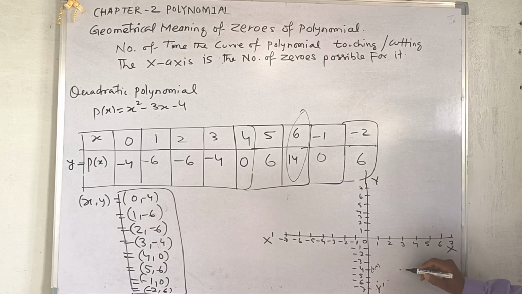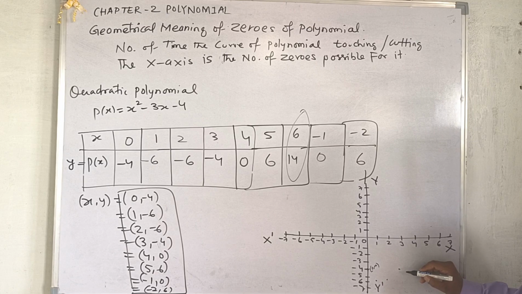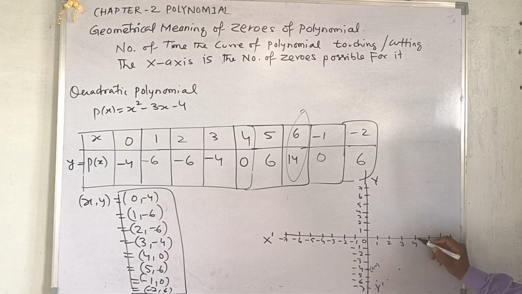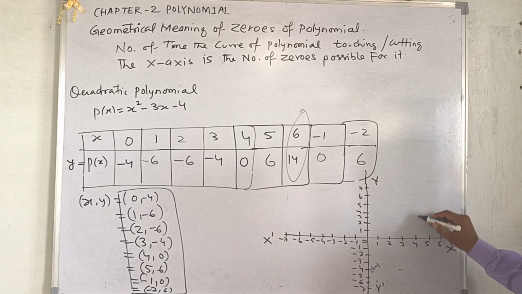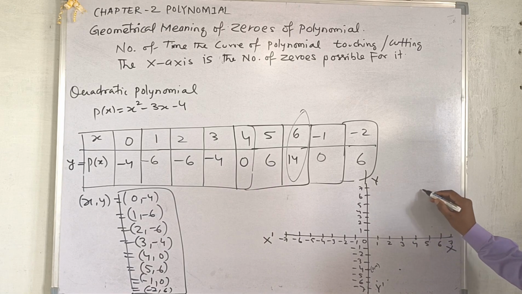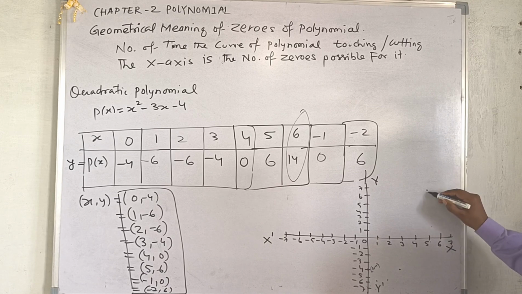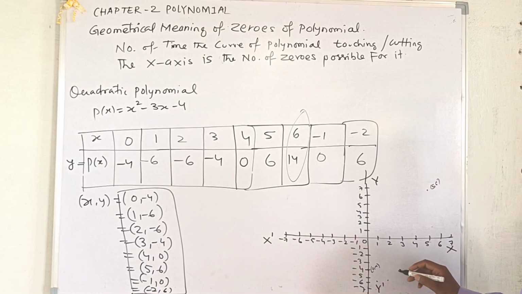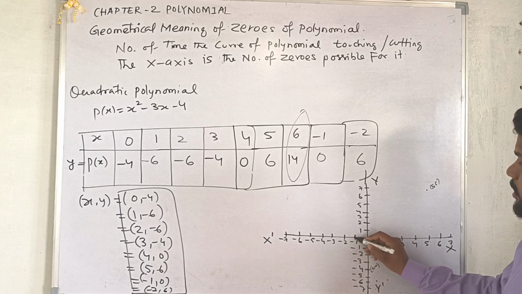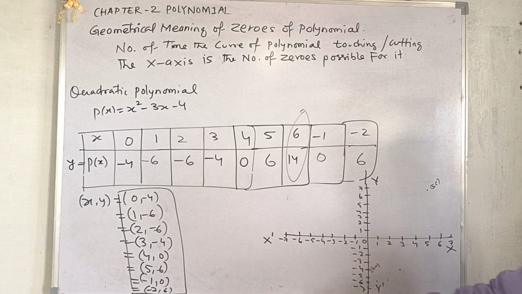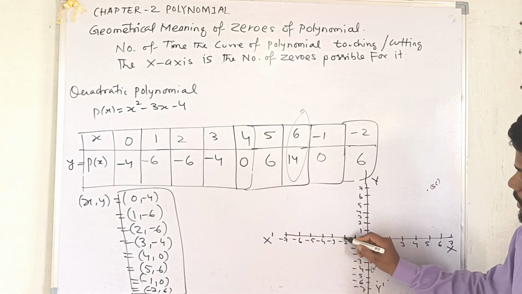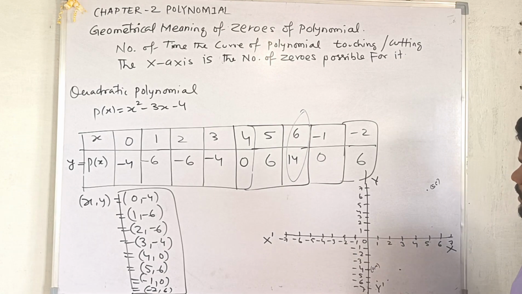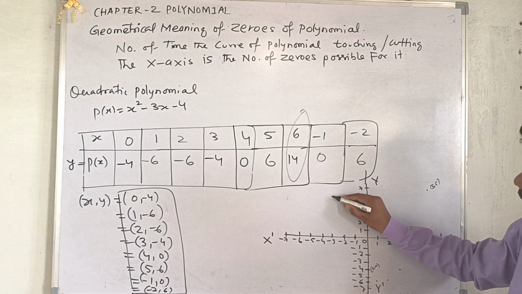The next term is 4 comma 0, 4 is here, 0 is here, so 4, 0 will lie here. 5, 6: this is 5, this is 6, so 5, 6 will come here. Next is minus 1, 0: minus 1 is here and 0 is just here. Minus 2, 6: minus 2 is here and positive 6 will lie somewhere here.